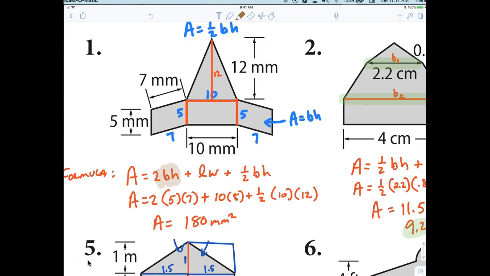The 2 times the base times height represents these 2 areas right over here. Anybody have an issue with that? You with me? And that's okay if you did 5 times 7 plus 5 times 7, right? That's the same as 2 times 5 times 7. Agreed?